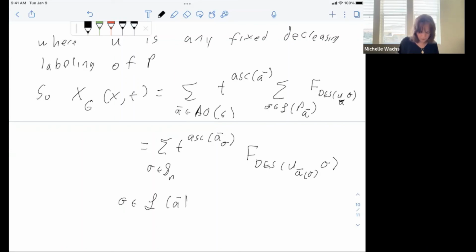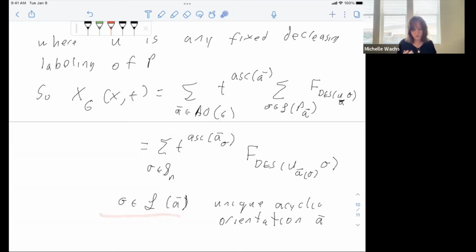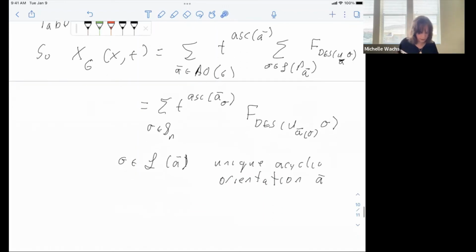There's a unique decreasing labeling, and that's what we're calling U_{A-bar sigma}, for which this is true. There's a unique acyclic orientation for which this is true, so that's what we're using here.